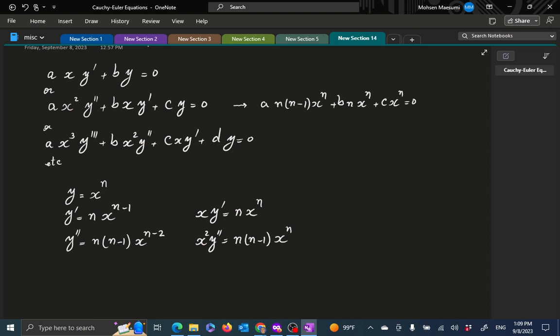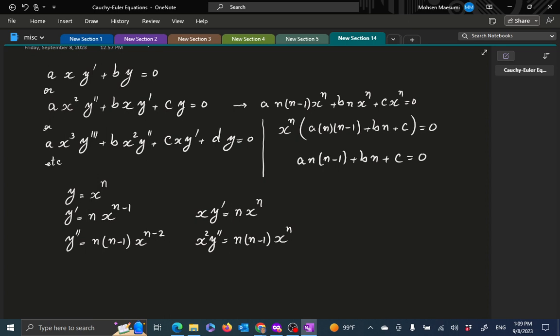I want this to be 0 for all x. So I factor x to the power of n. I'm left with a times n times n minus 1 plus b times n plus c equal to 0. If I want this to be true for all x, then this parenthesis has to be 0. So a n(n minus 1) plus b n plus c has to be 0.